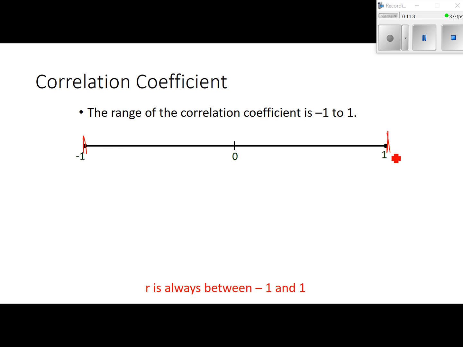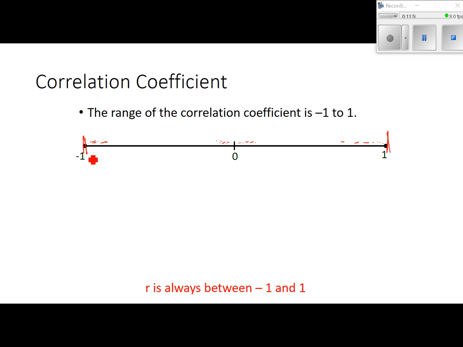The closer you are to -1 or 1, the better the correlation is, the better that the variables are related, so the better that the X and Y are related. The closer you are down here to 0 on either side, then that means the variables, the X and the Y, aren't related very well. It means what X is doesn't really affect what Y is going to come out to be.